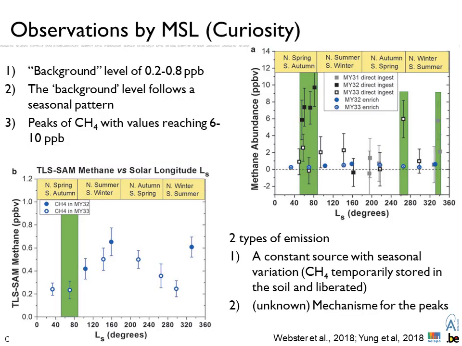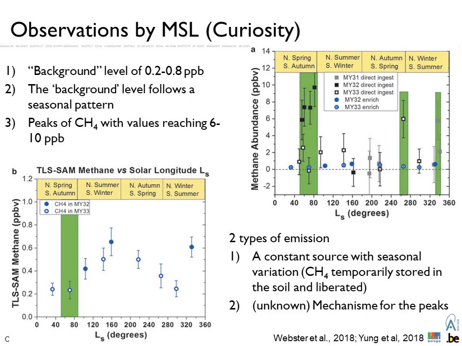More recently, the SAM instrument on board the Curiosity rover made measurements of methane in Gale crater. These measurements are showing that the background level, or here, I zoom on the background level, corresponds to values which are below 1 ppb, but spikes can occur reaching tenths of ppb.